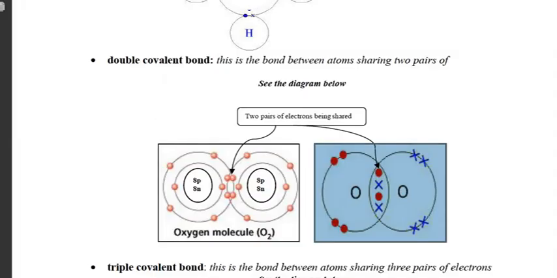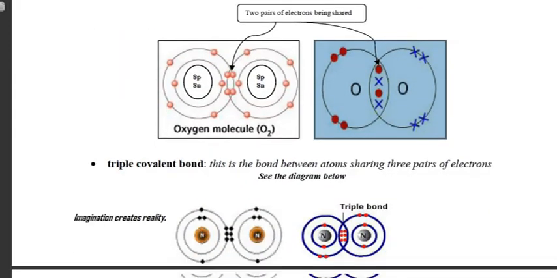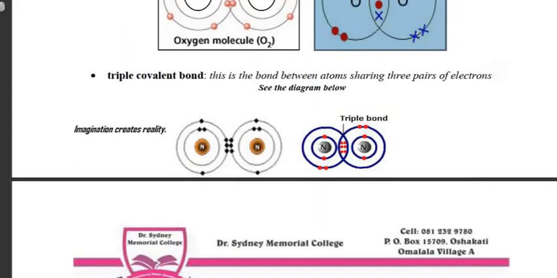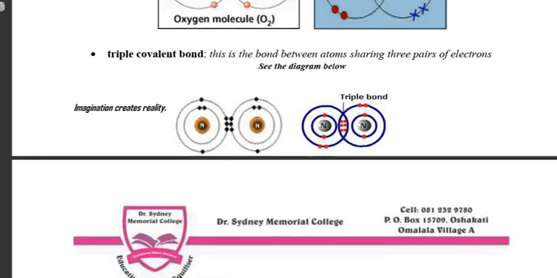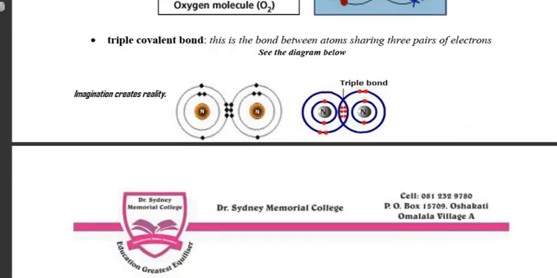So going back to this one, that's a double covalent bond. But we also have what we call triple covalent bonds: bonds between atoms sharing 3 pairs of electrons. The example we have there is the nitrogen molecule.